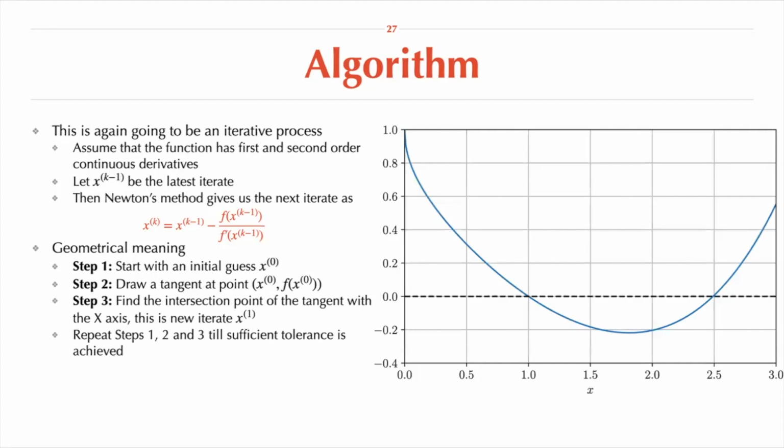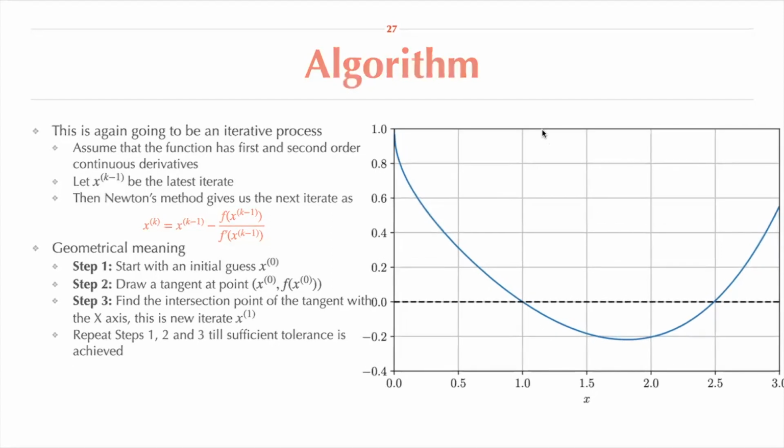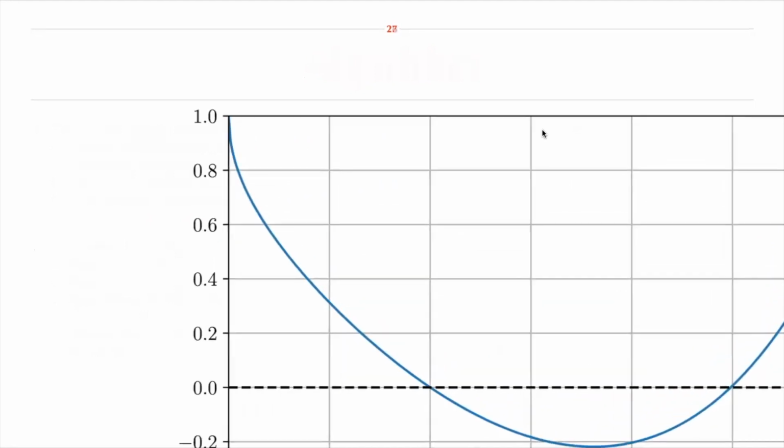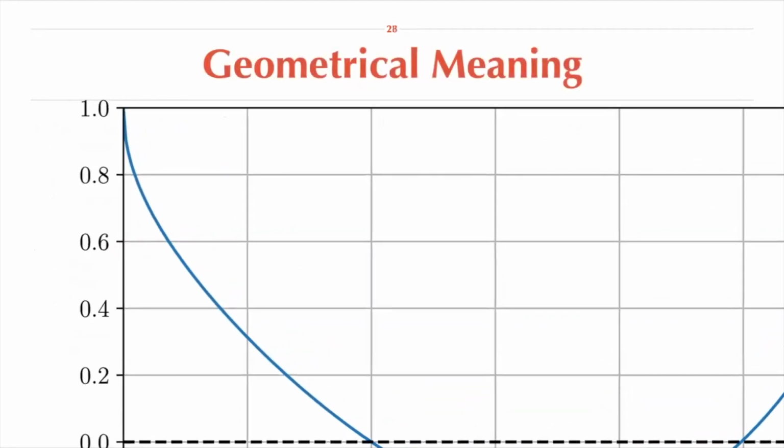I'll give an example. I'm again taking that example, f(x) equals exponential of x minus the square root of x minus x. Let's see what happens in this case. Let me zoom in a bit in order to look at only one of the roots. You start with some point.